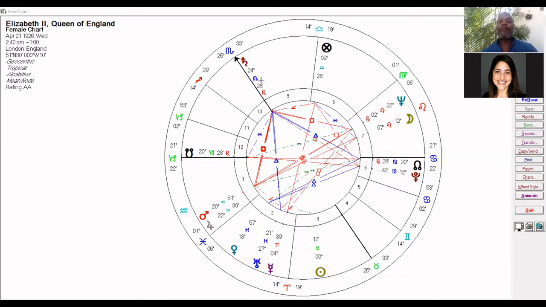So for instance, Mars is pushing Saturn's nature onto Saturn because Mars is in Aquarius. He's also pushing his own nature. Same thing with Jupiter here. Jupiter is pushing Saturn's nature onto Saturn, as well as pushing his own nature onto Saturn. That is pushing nature.